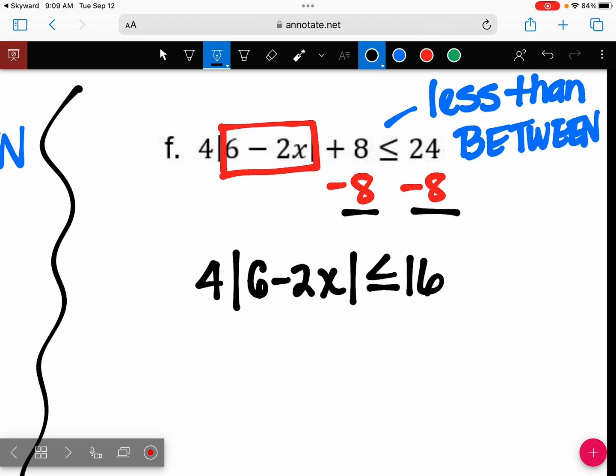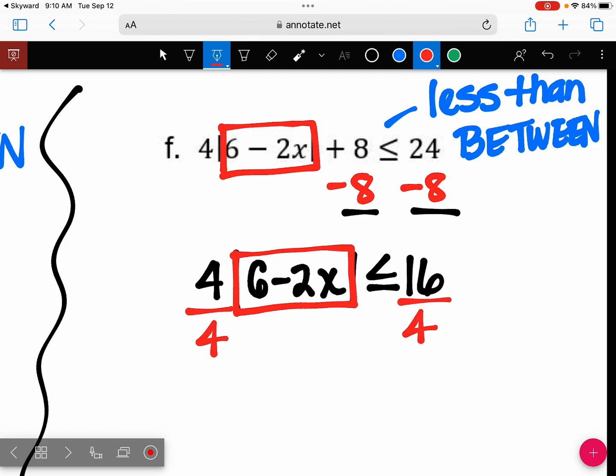And then to get rid of that 4 that's directly in front, we divide it by 4. So 6 minus 2x is less than or equal to +4.